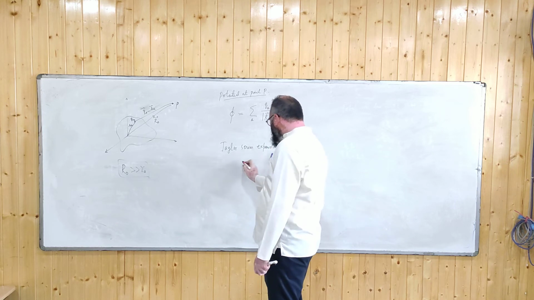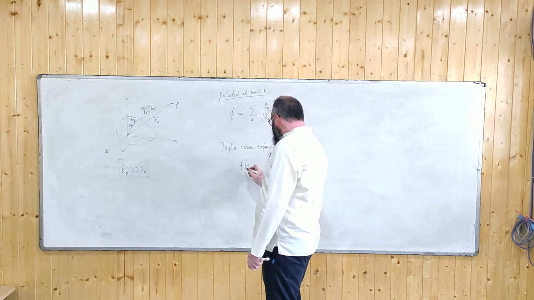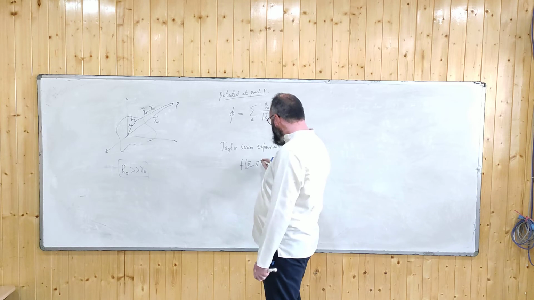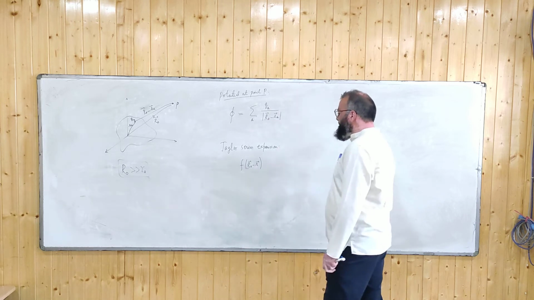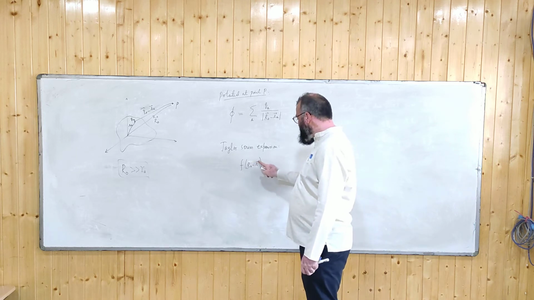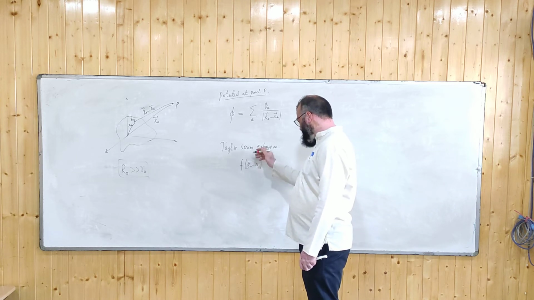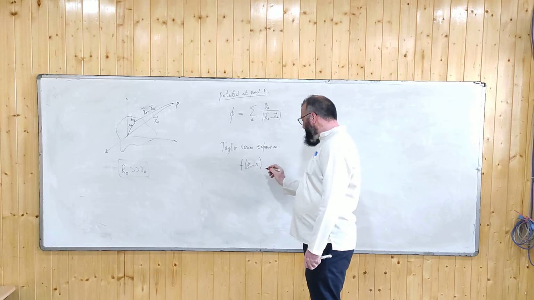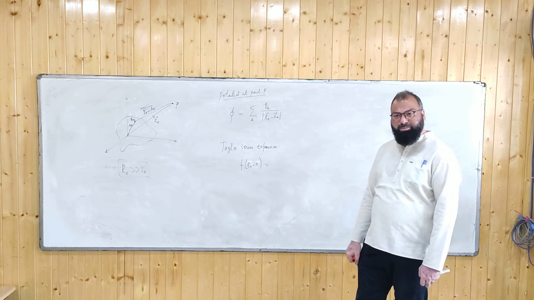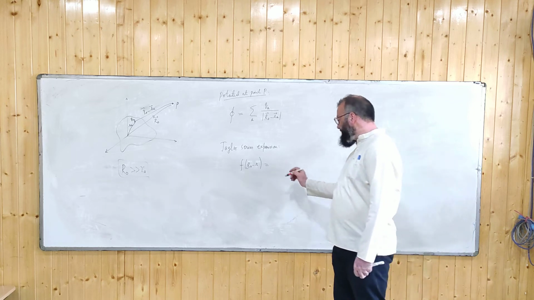Suppose you have a function f of R naught minus R. Let's take the magnitudes. Write the Taylor series expansion about R naught. How does it look?